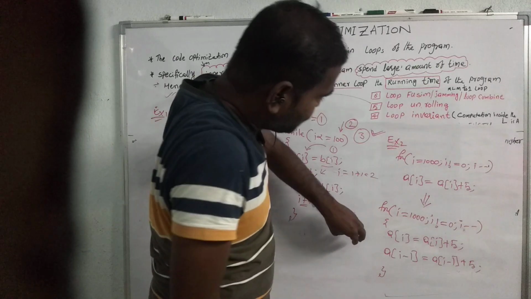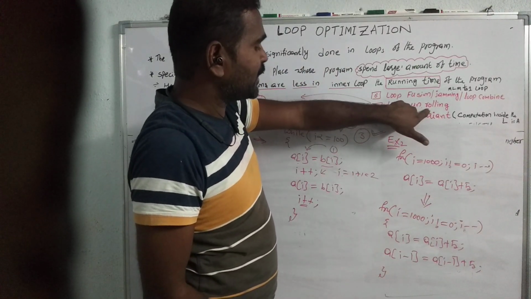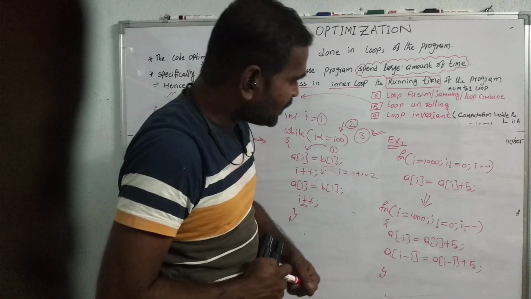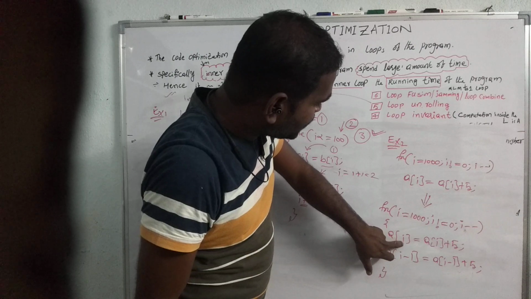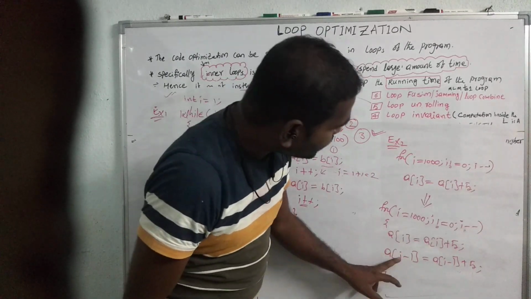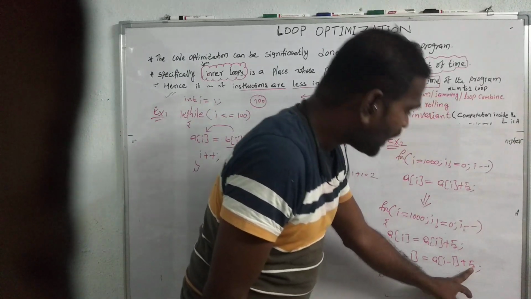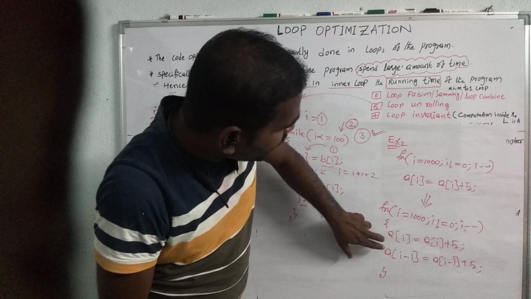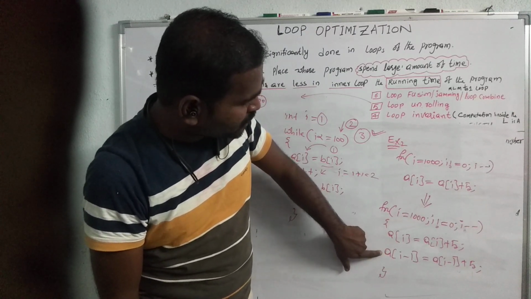So this particular technique is called the loop unrolling technique. In this case, to a of 1000 location I want to add 5, after that to the 1000 minus 1 location I want to add 5 again. So this is the first iteration statement, this is the second iteration statement.